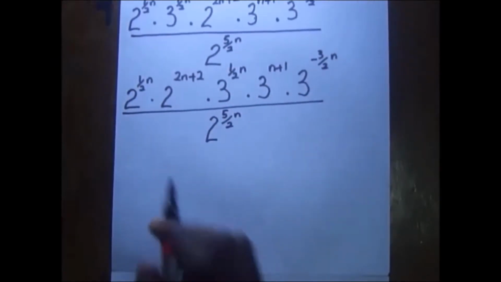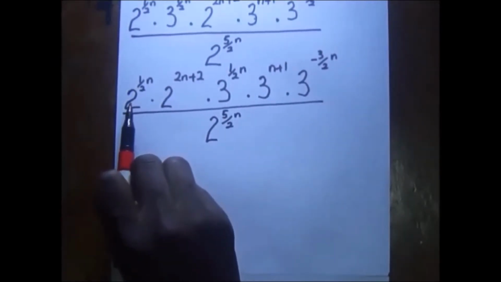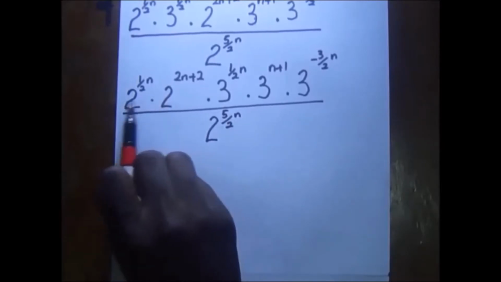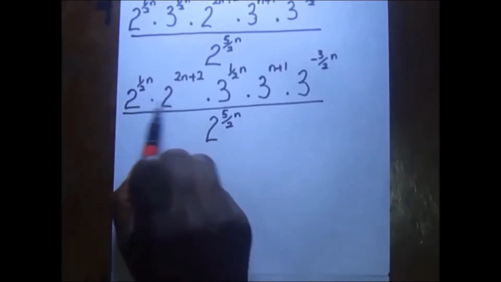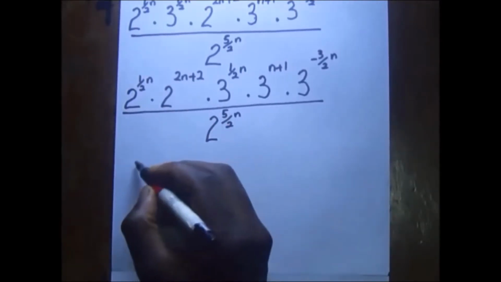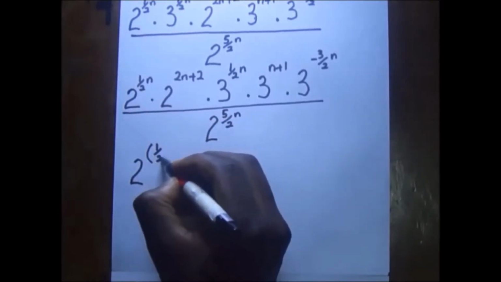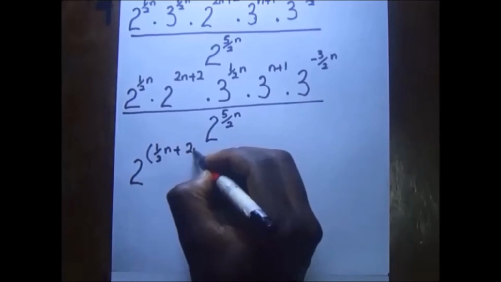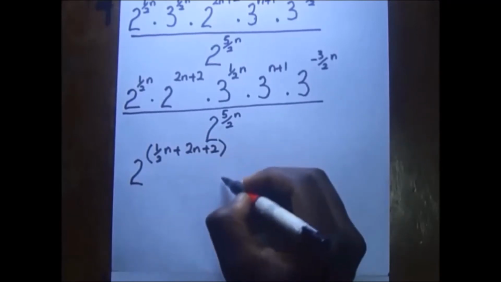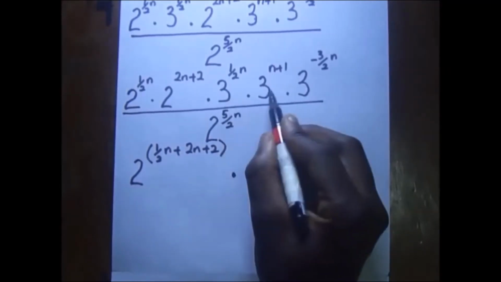So we are using the laws of indices. The base is the same, so when we are multiplying, we add the powers. So this becomes 2 to the power half n plus 2n plus 2, times 3.